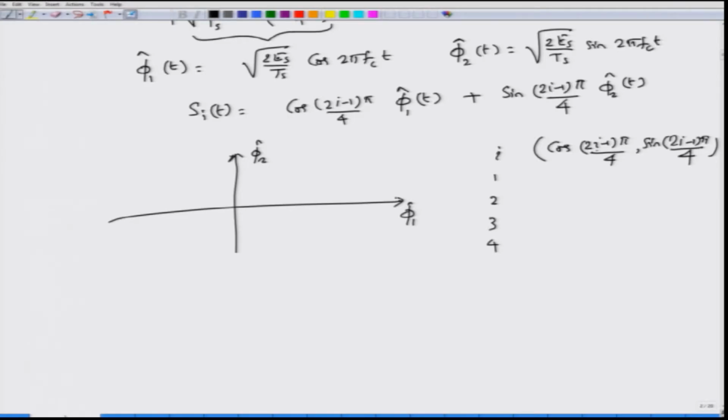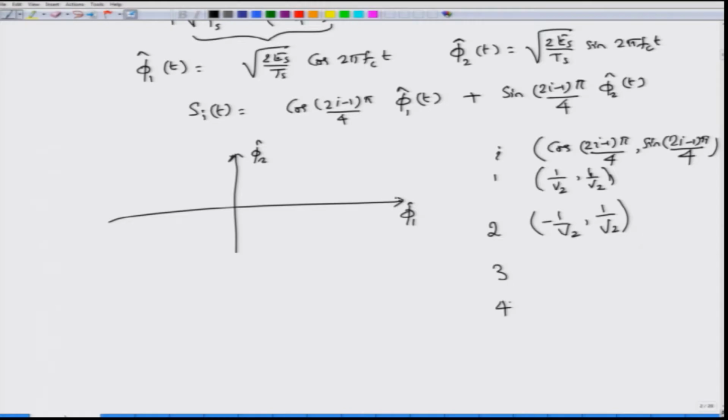Put I equal to 1, you get 2 minus 1 is 1, so cos pi by 4 and sin pi by 4. So, you get 1 by root 2 and 1 by root 2, whereas putting I equal to 2, you get cos of 4 minus 1, which is 3 pi by 4. Cos 3 pi by 4 is in the second quadrant, so this would be minus 1 by root 2, and sin 3 pi by 4 is positive there, so it is 1 by root 2.